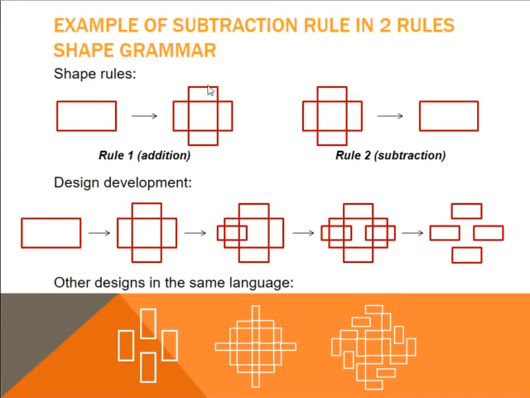Originally it is horizontal, then you add a vertical rectangular shape that overlaps with the original shape. For rule number 2, you already have this arrangement, and you remove the vertical rectangular shape and leave just the horizontal rectangular shape.